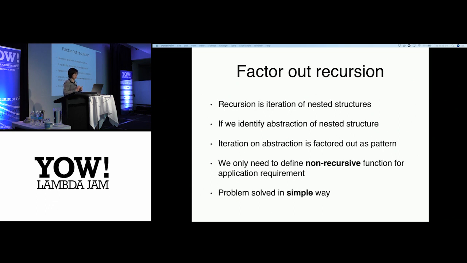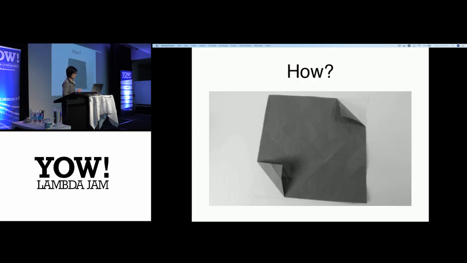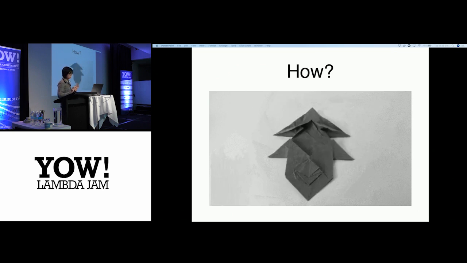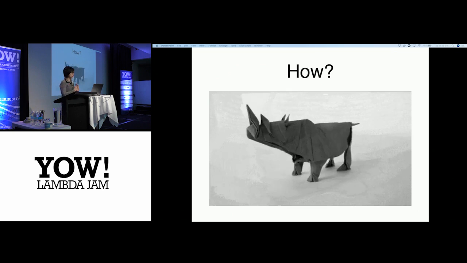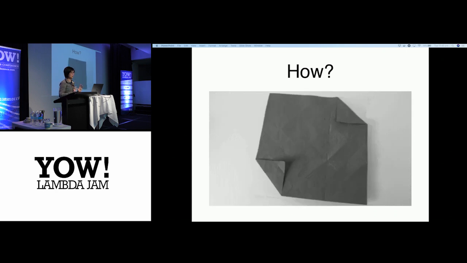Therefore, if we are able to identify the abstraction of this nested structure, then the iteration on this abstraction can be filtered out as a pattern. Under this condition, we only need to define a non-recursive function for our application-specific requirement, and then the problem can be solved in a simple way. But how? How do we identify the abstraction of this nested structure?